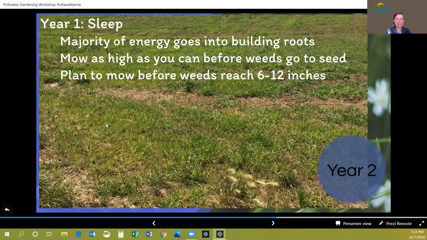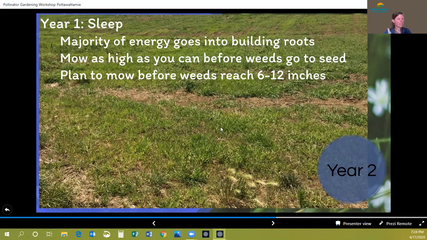You're like, I just planted these flowers and grasses. Why would I want to mow them off? What you're doing is you're mowing to kill the weeds. So you're mowing the weeds before they start to seed out, and you're mowing them high because you stop the seeds from setting from the weeds and you let more sunlight get down to the ground so more of the native seeds can germinate and the native seedlings can get enough sun.